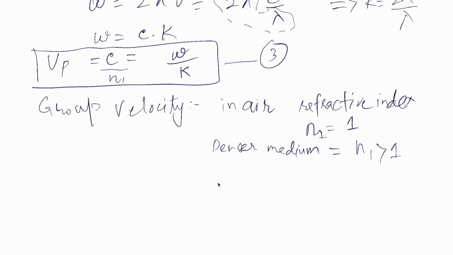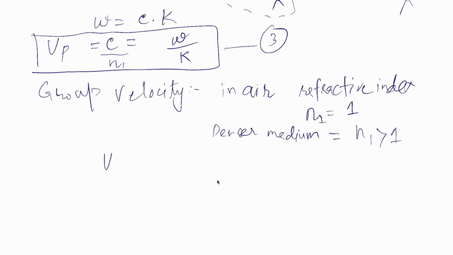when you have a denser medium which is greater than 1, it means this c over n1 is going to, so this increase in n1 is going to reduce the velocity. So it means you have Vg is equal to c over Ng, whatever medium you are in, is going to impact this. And this is equal to the partial derivative of omega over phase constant k.